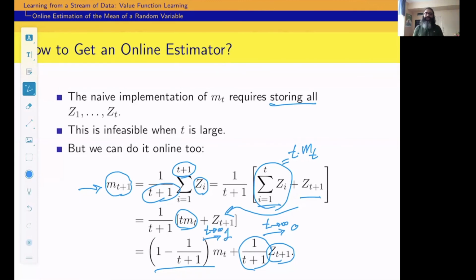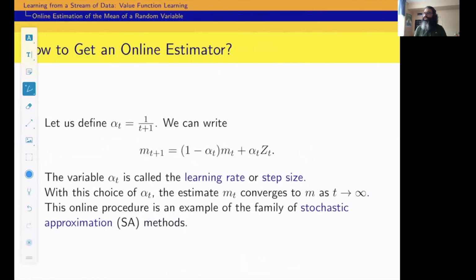This is basically saying that as we observe more and more data points, we rely more on the previous estimates and less on the new data. The contribution of a new data point is diminished, on the order of 1 over T, and when T is large, the effect is smaller.